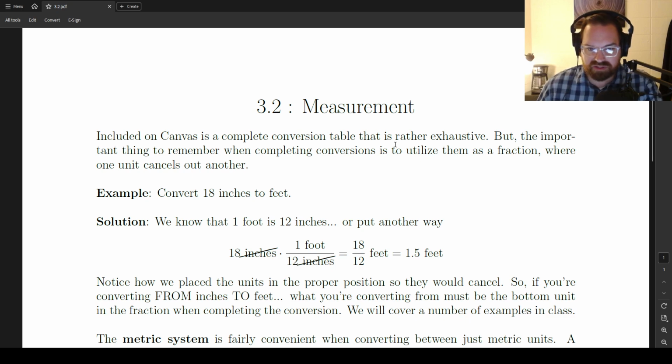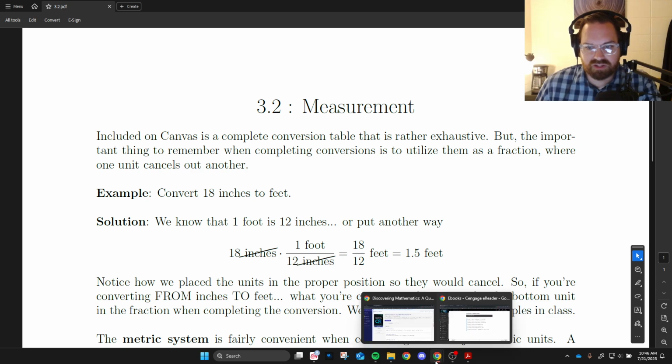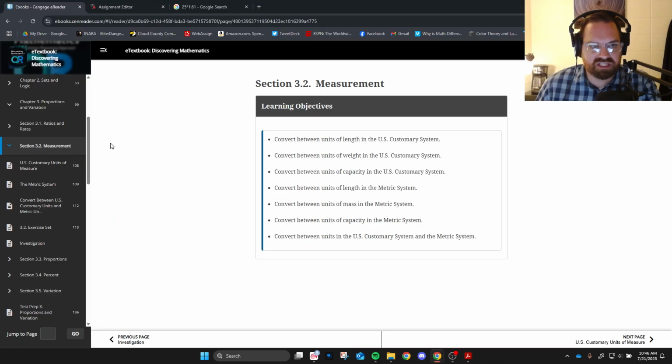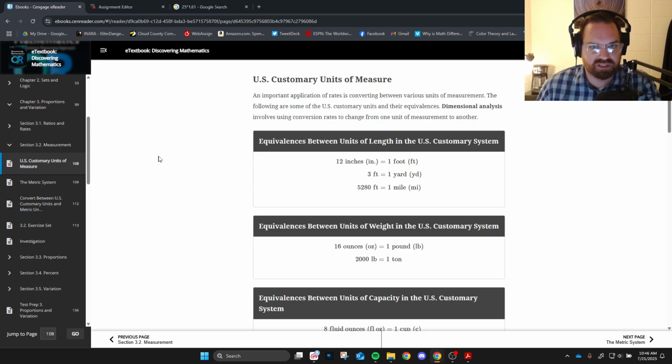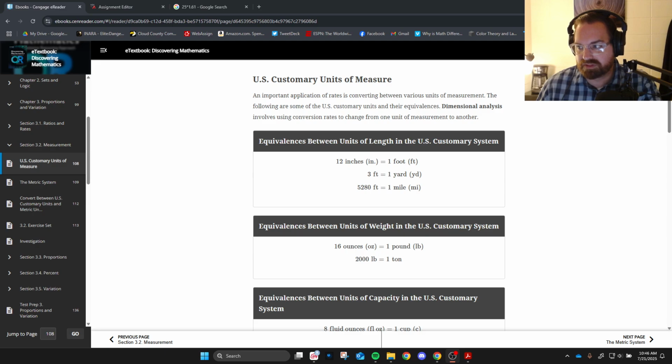But I also want to point you really quick to, let me go to the website here. You can actually see through WebAssign the actual textbook, and like I said in the past, the textbook is really great. It's very, very useful.